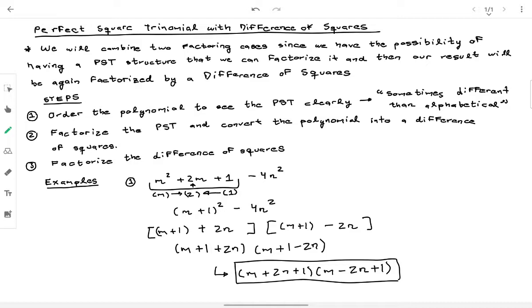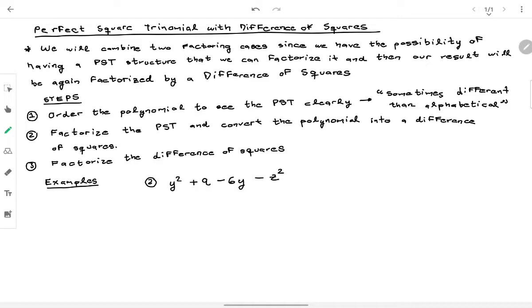So let's see another example. The next one is going to be something like this: y squared plus 9 minus 6y minus c squared. Remember, we need to order the polynomial to see the perfect square trinomial easily. In this case, it's going to be y squared minus 6y plus 9 and finally minus c squared. Why?